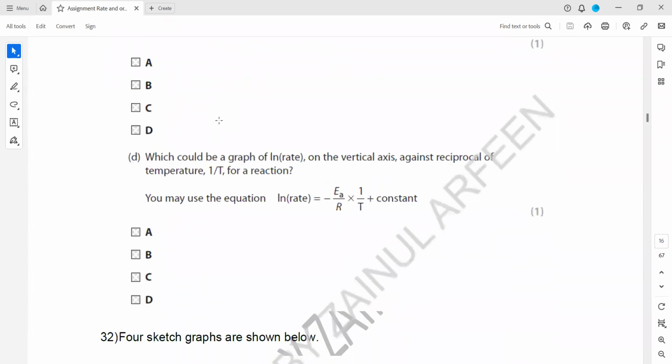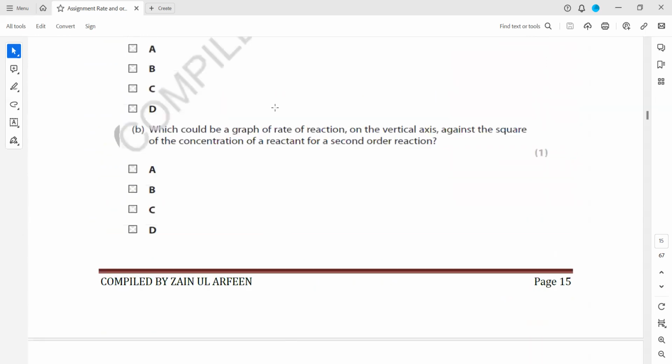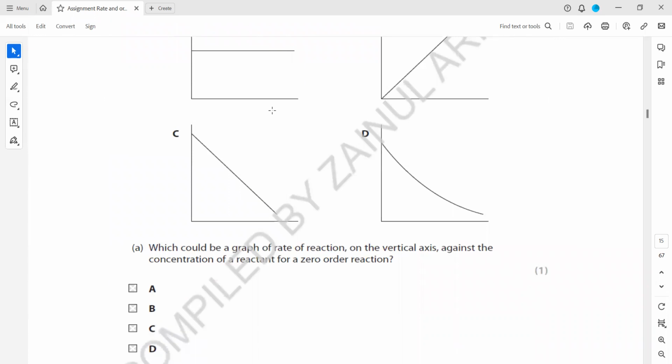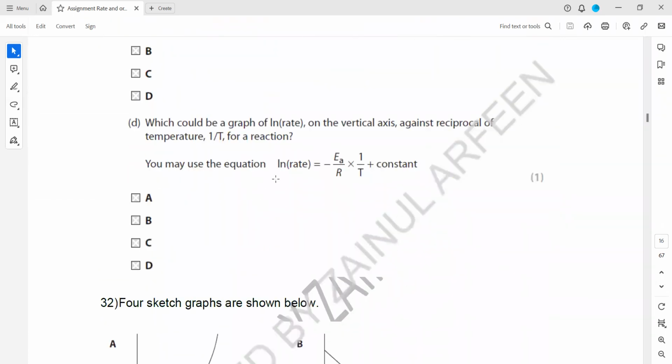And which one could be a graph between ln k against 1 over T? If a graph is there between ln k and 1 over T, plus constant, we have the formula y equals mx plus c.